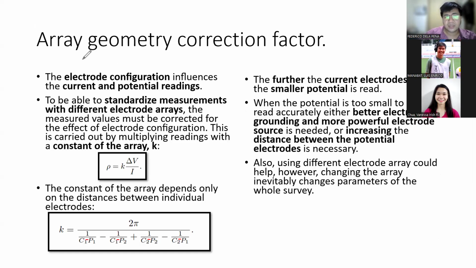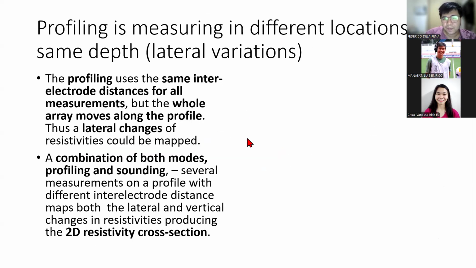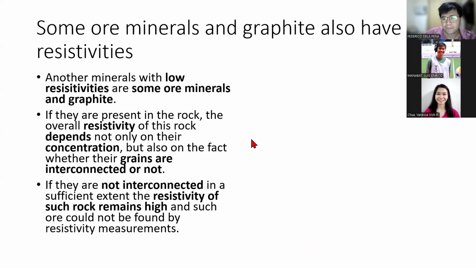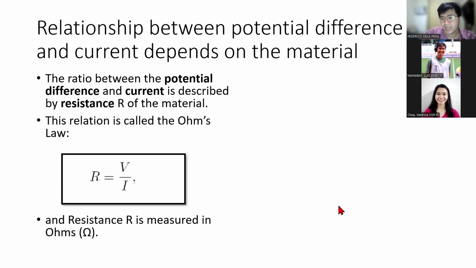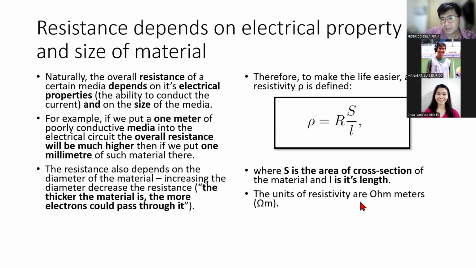Let's first talk about the correction factors for the geometry. Earlier I said that we know the voltage during a resistivity survey. We also know the current, so therefore we can determine the bulk resistance of the subsurface.